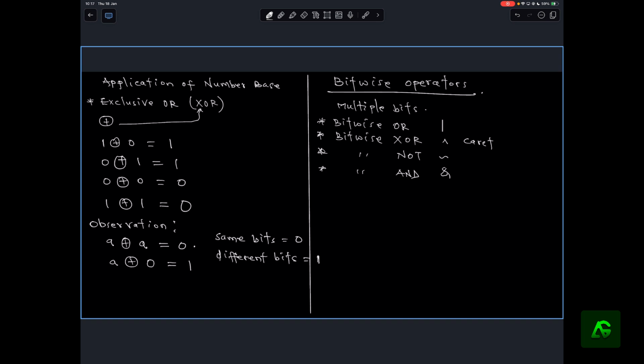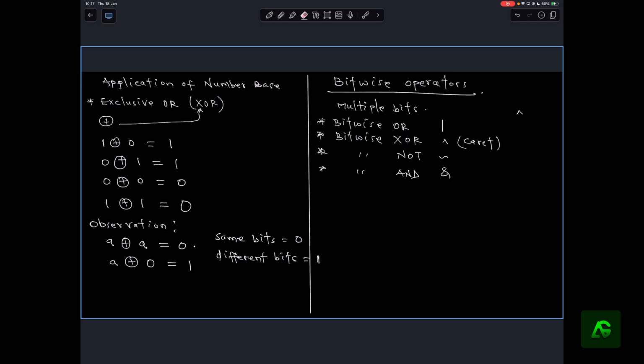For XOR, yes, we use the caret symbol. Caret is how you pronounce the symbol, this is the symbol, and that one is just the name you call it.